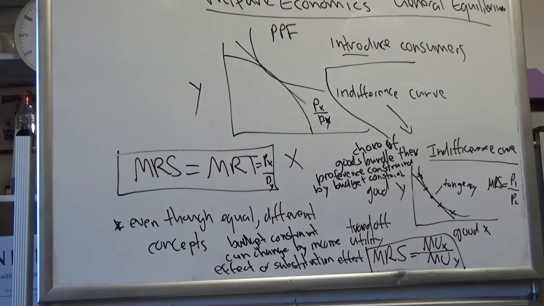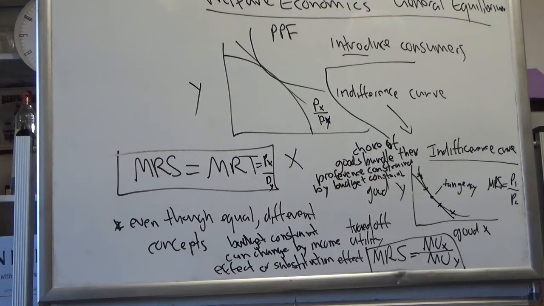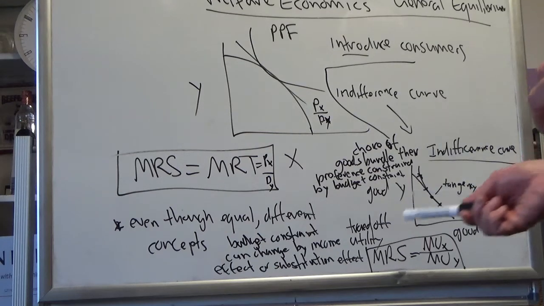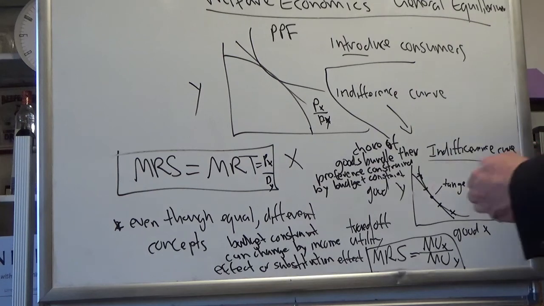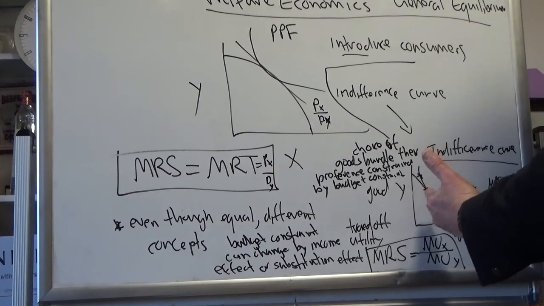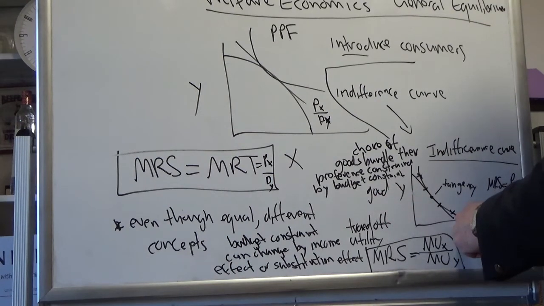So their choice of goods along that indifference curve is just their personal preference for the two goods. Some people might like more of good X, some might like more of good Y, but they're all constrained by a budget constraint and the tangency with the indifference curve. So in the context of welfare economics, I will just say that budget constraint can also shift in and out according to the income effect, more income, less income, and the price of goods can change as well.